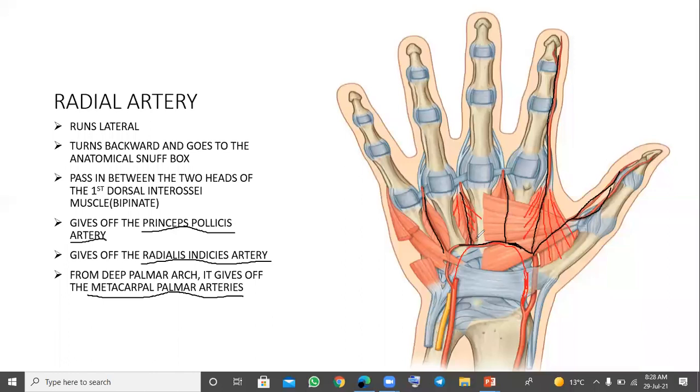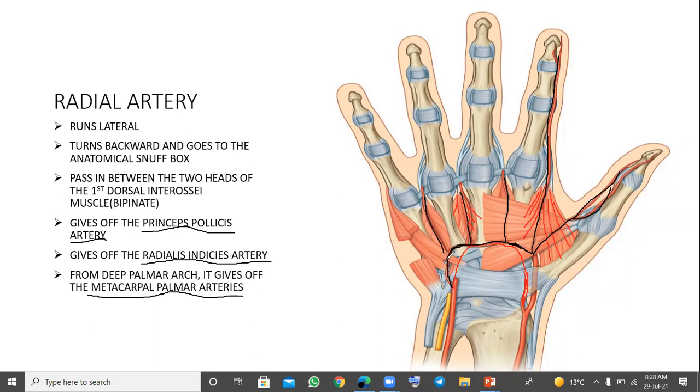Then after giving off those branches, the deep palmar arch is going to anastomose with that branch coming from the ulnar artery. So that branch from the ulnar artery is the deep branch of the ulnar artery. So the deep branch of the ulnar artery is the one that is going to anastomose with the deep palmar arch that is formed mainly by the radial artery.